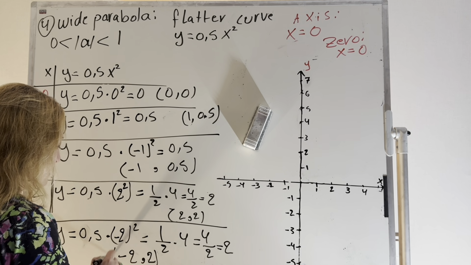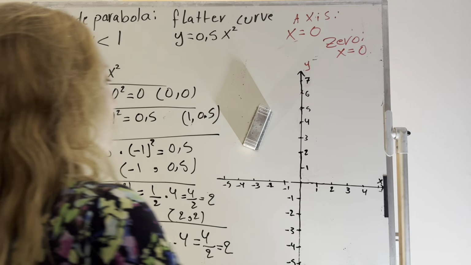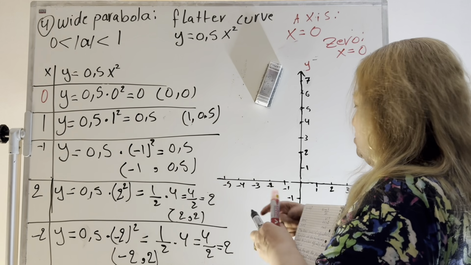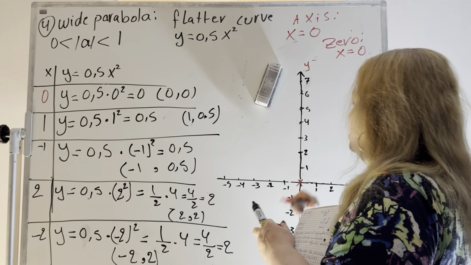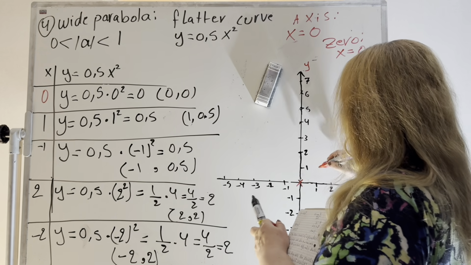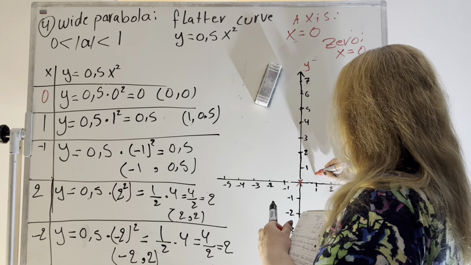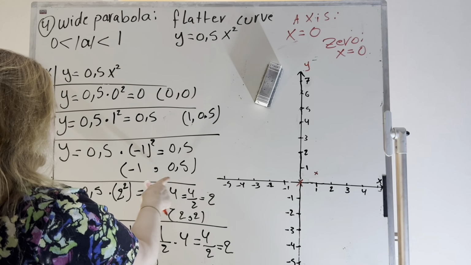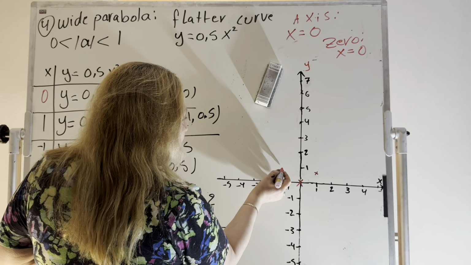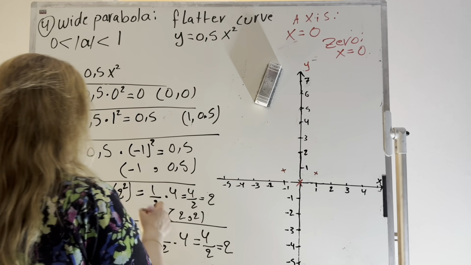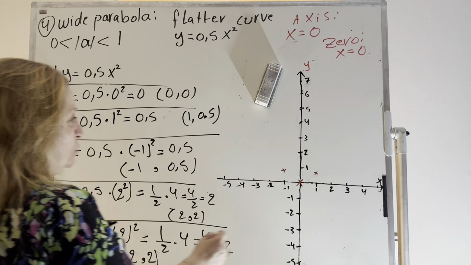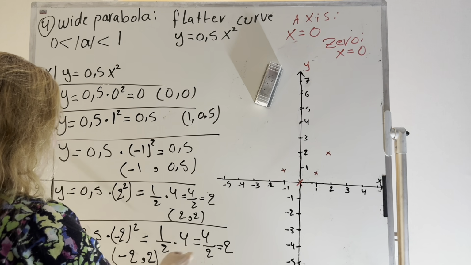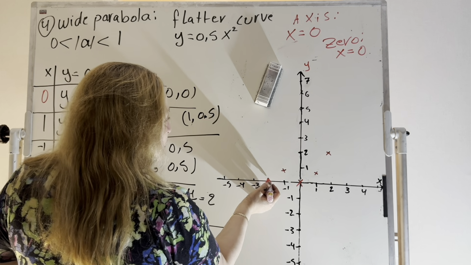Now I will draw the curve, and I have 0, 0 here in the middle, and when x equals 1, y equals half. When x equals minus 1, y equals half. And when x equals 2, y equals 2. When x equals minus 2, y equals 2.